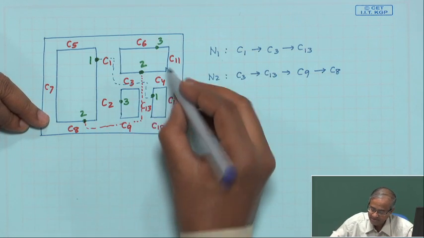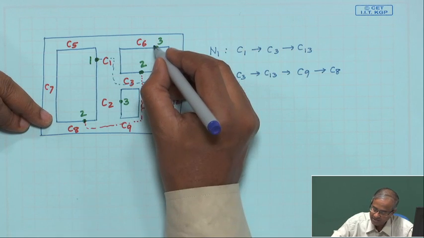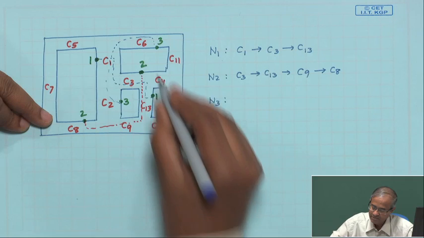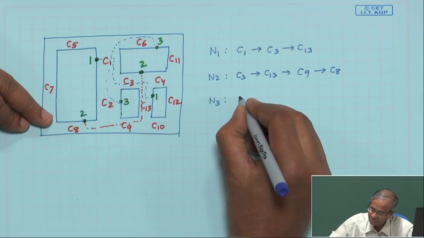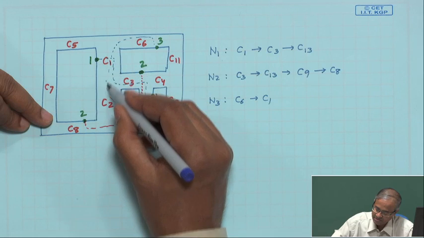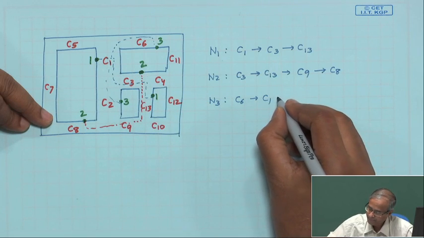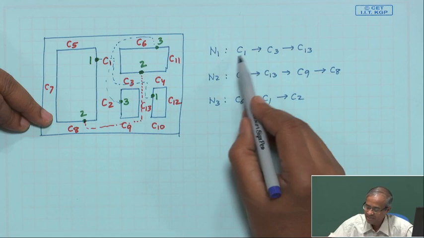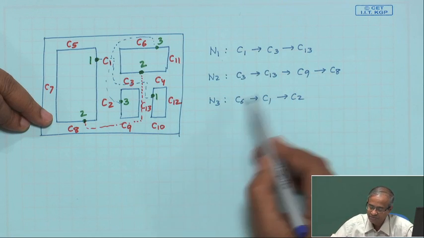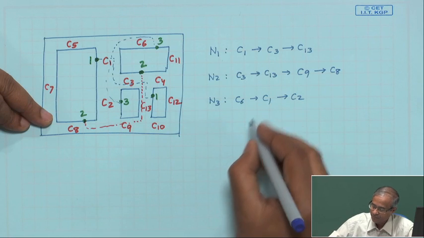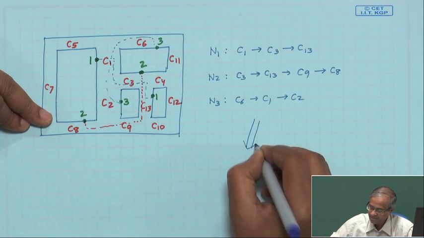Then N3, let us say I am following this path. Net 3 will start with C6, then C1, then C2. So, for each of the nets I generate a sequence of channels, the approximate paths that are to be followed.